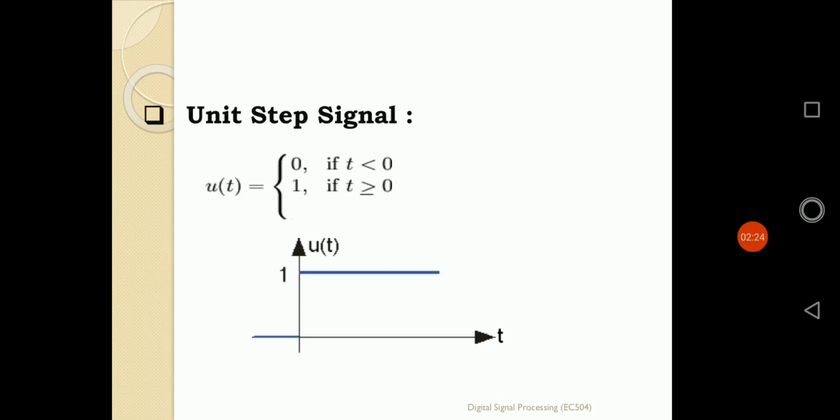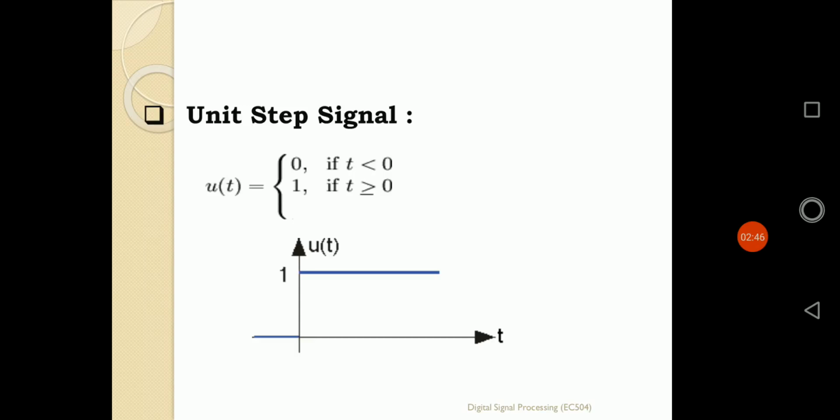For the value of t less than 0, for all negative values of t, the value of the unit step function, normally defined as u of t, is 0. But whenever it touches t equals to 0, from that time onwards, its amplitude steps from 0 to 1.